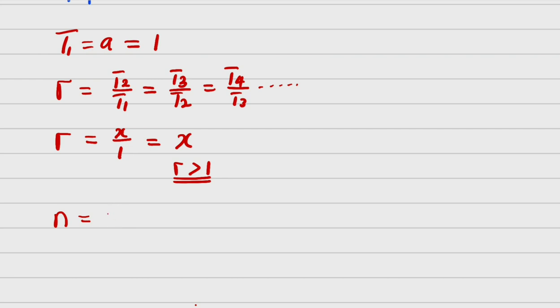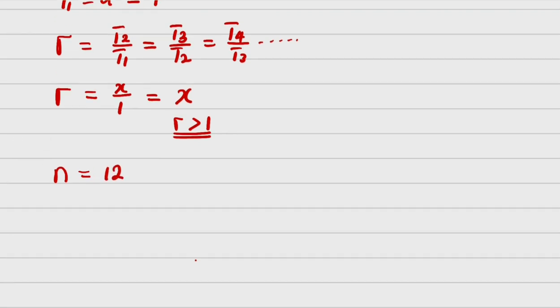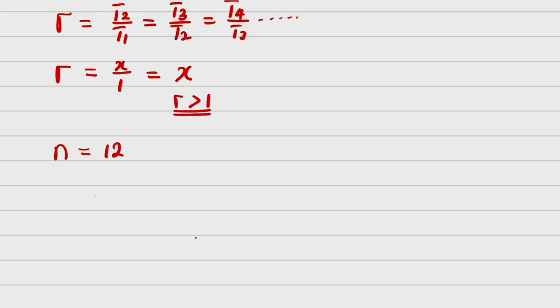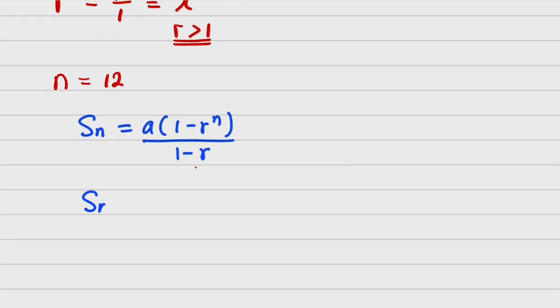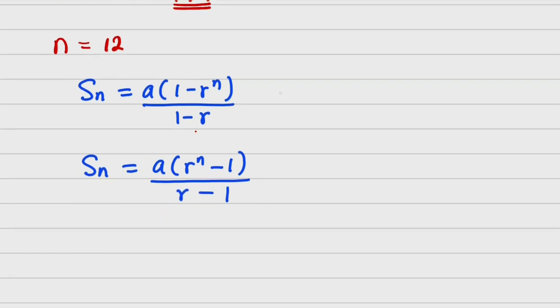Now we'll come down here and write our work. This is 12. Now the next thing we are going to do is to find our sum of terms. Now we have Sn is either a into 1 minus r raised to power n all over 1 minus r, or we have Sn is equals to a into r raised to power n minus 1 all over r minus 1. Now if you check it, the condition for the first is that r must be less than 1, and here r is greater than 1.